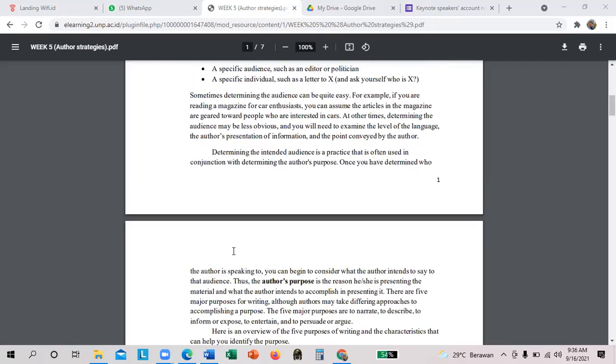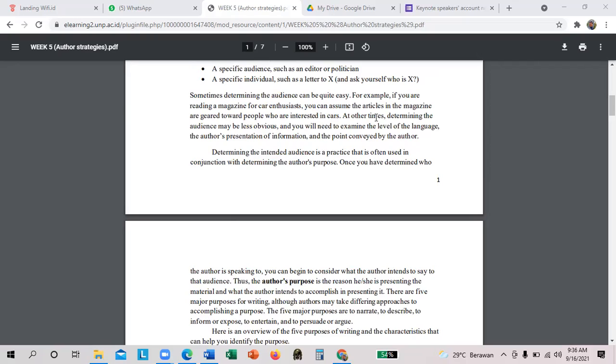Sometimes determining the audience can be quite easy, but sometimes it's quite difficult. If it is easy, for example you are reading a magazine about cars, you can assume that the article is for people who are interested in cars.